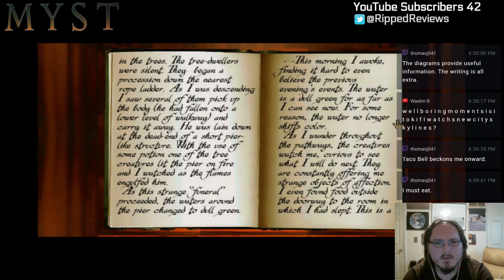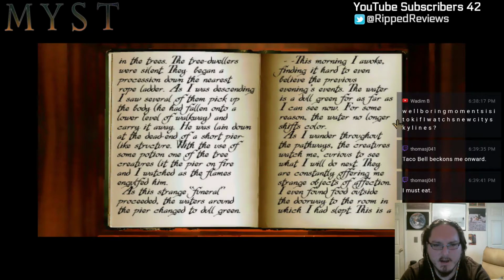The tree dwellers were silent. They began a procession down the nearest rope ladder. As I was descending, I saw several of them pick up the body, which had fallen onto a lower level of walkway, and carry it away.